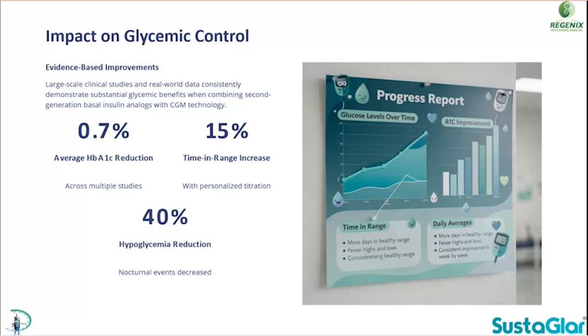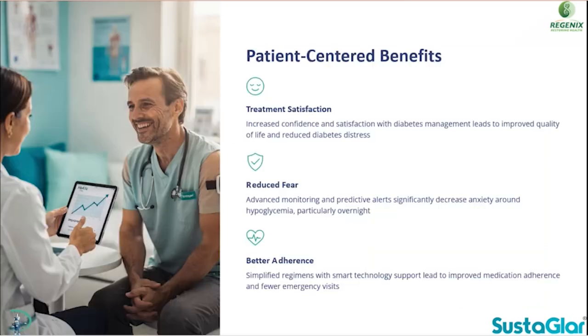The patient-centered benefits: treatment satisfaction is first and important. Increased confidence and satisfaction with diabetes management lead to improved quality of life, reduce diabetes distress, and reduce the fear of failure. The advanced monitoring device, like I said, the CGM Libre 2 Plus, can predict hypoglycemic and hyperglycemic events.